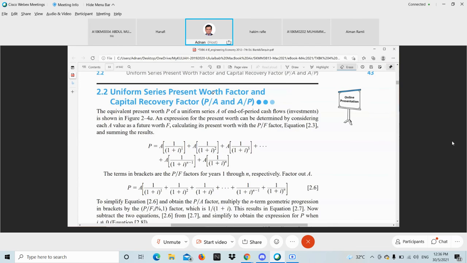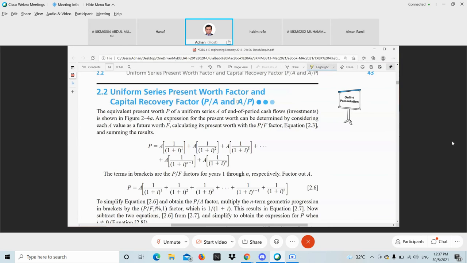So uniform series, this is a present worth factor. Uniform series present worth factor and recovery factor. Recovery factor here means we recover the investment.